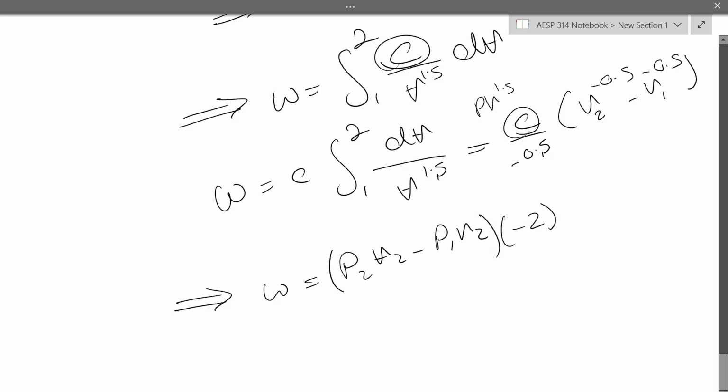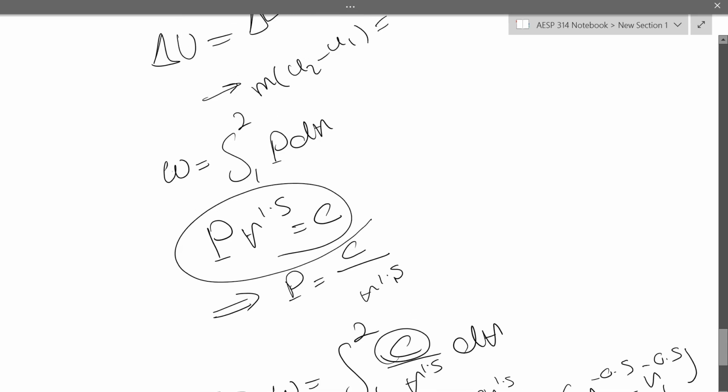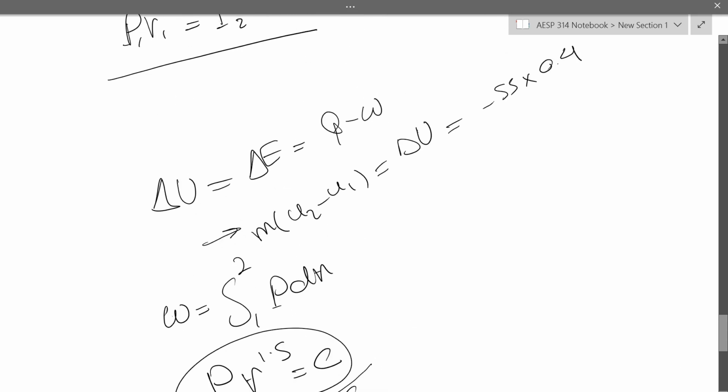We have P2, we have V1, V2, we have P1, we have everything, we have already calculated all of this. You should be able to find W. The W is calculated. The same is true for delta U. We should be able to calculate Q.